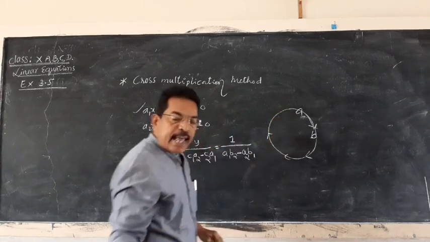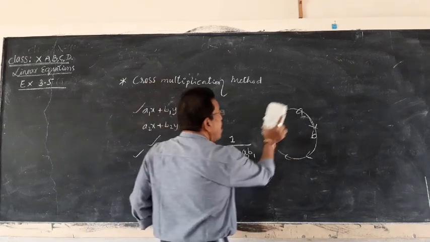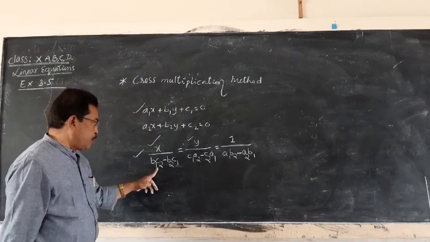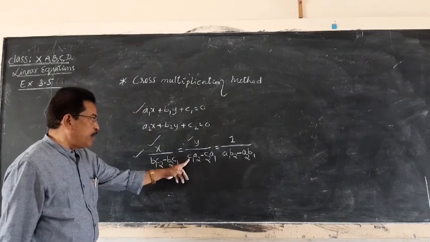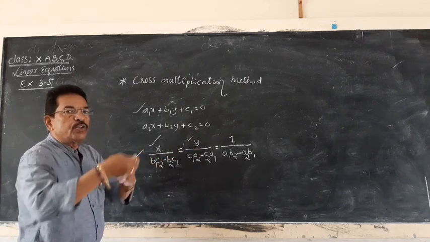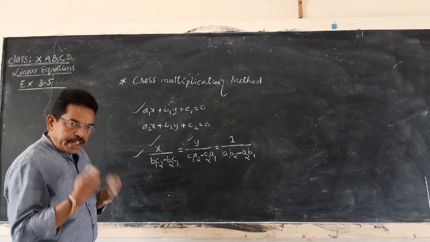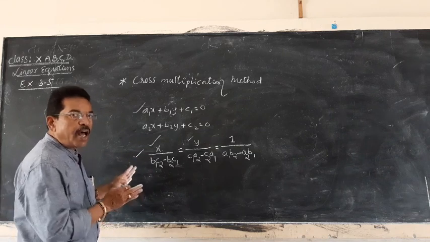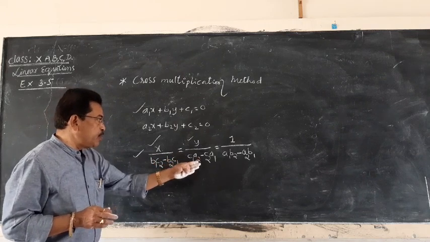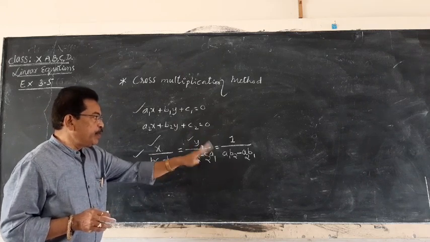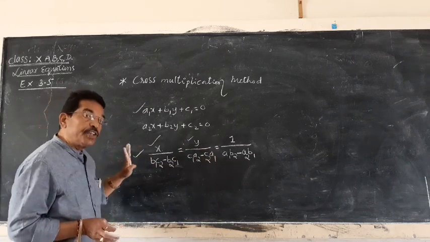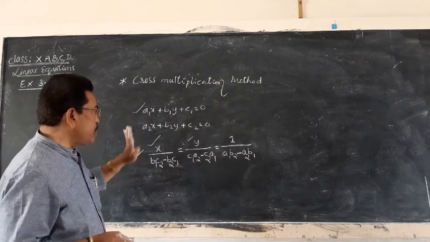In the cyclic format, they are placed in the formula. See, b1 c2: after b1 there will be c1, after c1 there will be a1. b, c, a are cyclic to each other. Every term we have in this formula is cyclic, b1 c2, then c1 a2, then a1 b2, like that. Everything is written cyclically.